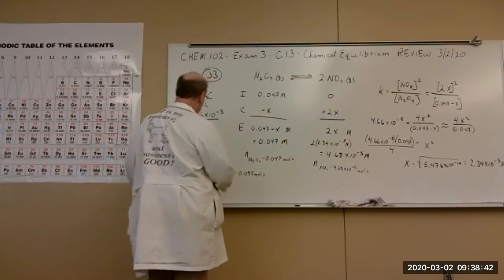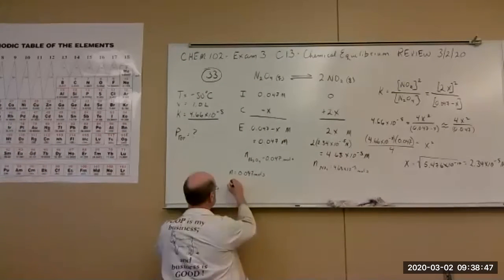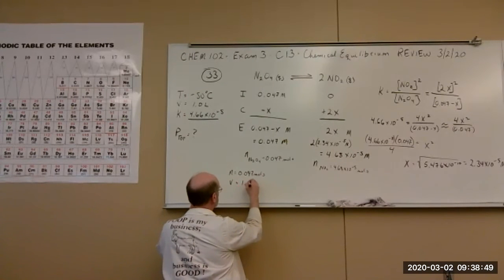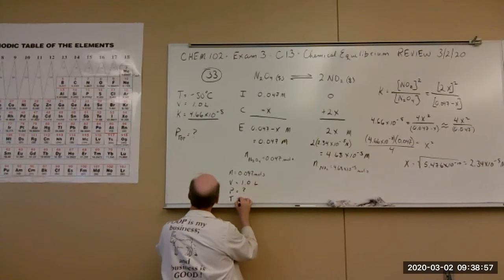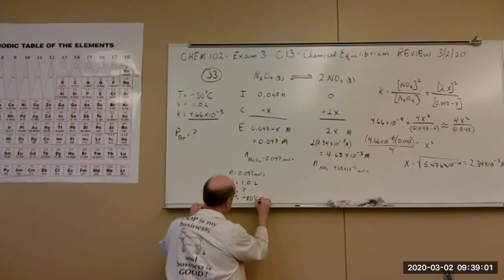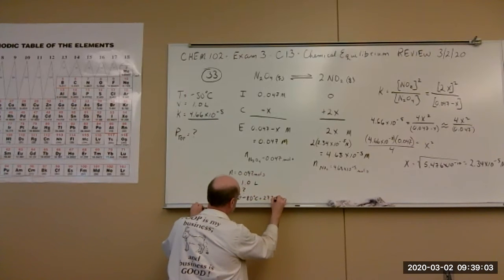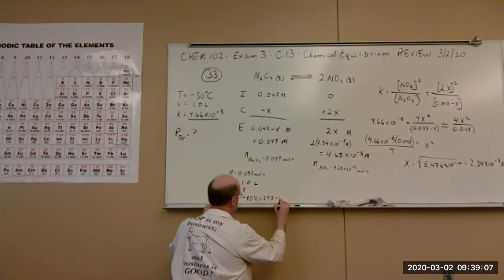So we got moles, we got volume. We've got pressure is what we're looking for. And we've got temperature, which is minus 80 plus 273, which would be what?